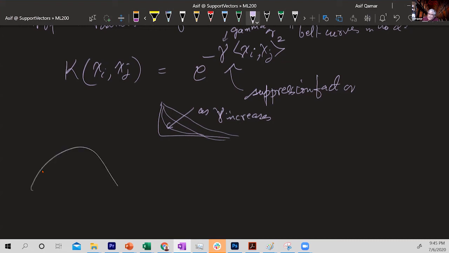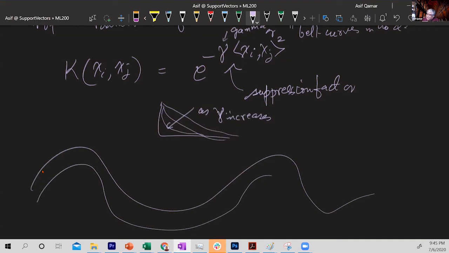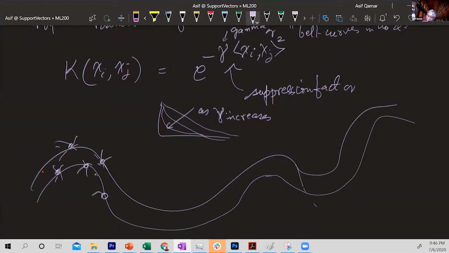What it basically means is that, suppose you have a complicated river. Let me make this river like this and like this. Remember that these points are like lighthouses shining. So if you can find enough lighthouses, support vectors, right? Enough lighthouses shining.